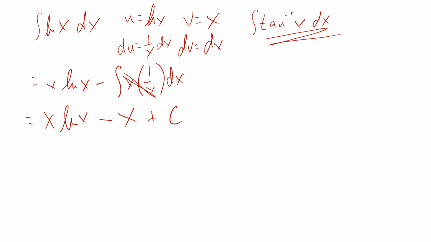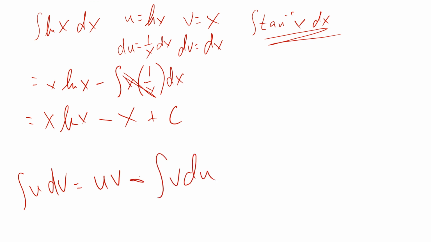So this is how the integration by parts technique gets used. It's all about the equation: the antiderivative of u dv equals uv minus the antiderivative of v du.